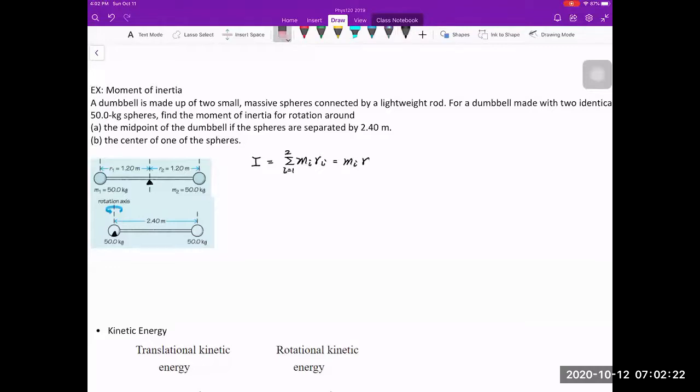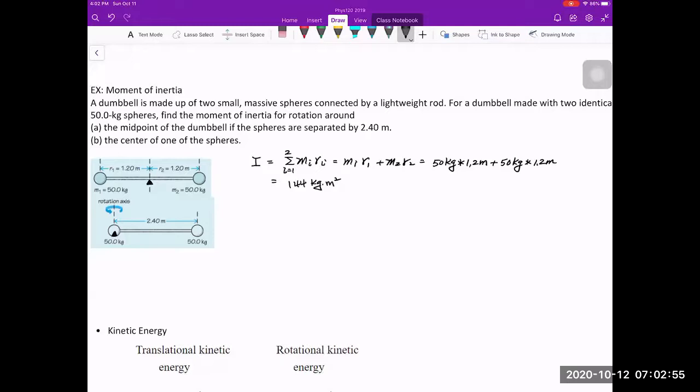So this would be m1 r1 squared plus m2 r2 squared. What is m1? Well, 50 kilograms. r1 is 1.2 meters. Same thing for the second one. They are identical. If they're not, just use whatever value is given. Now, you sum these together, and this is going to be equal to 144 kg meter squared.